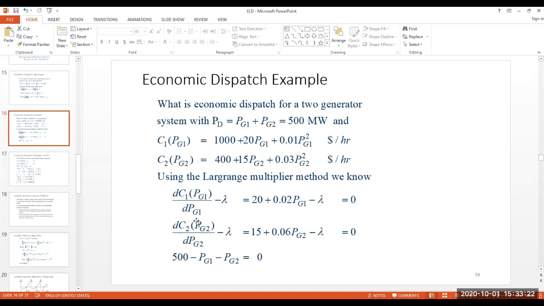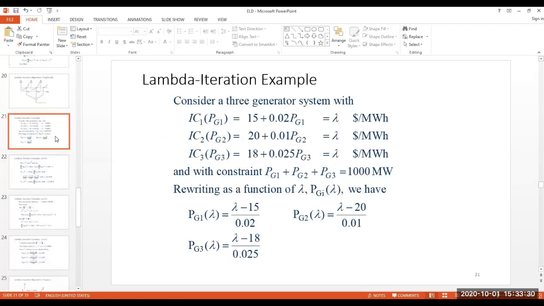So we have already learned this condition that we have to satisfy, that's why we are directly using it for solving this problem. It is nothing new. At the optimal point, your incremental cost for all these generators should be equal, and equal to lambda, the Lagrangian variable.